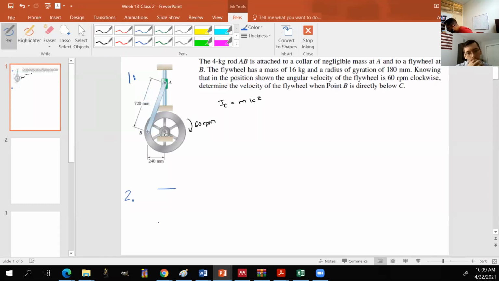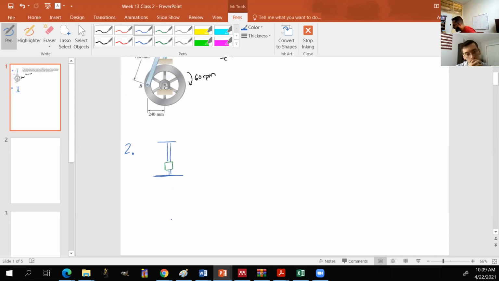Let's see. This is the collar at its lowest position. And you've got like that.